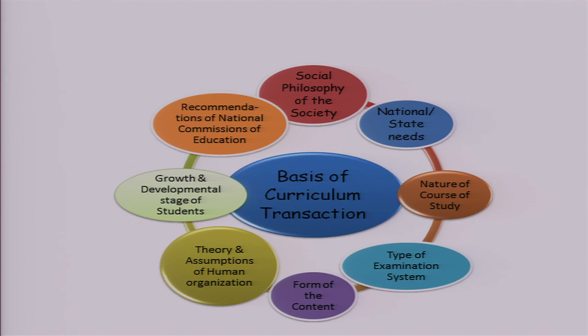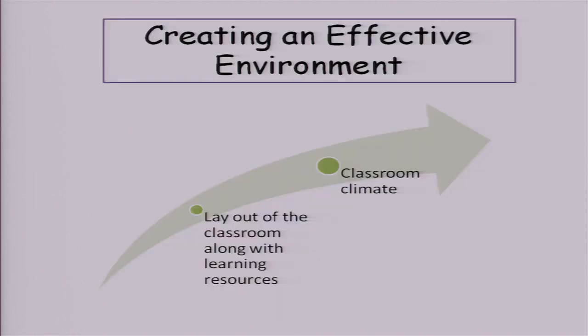For example, if we take NEP 2020, we can see what the policy says about school education and higher education. All those things should be reflected when we develop a curriculum. So all these things come under the development of curriculum.